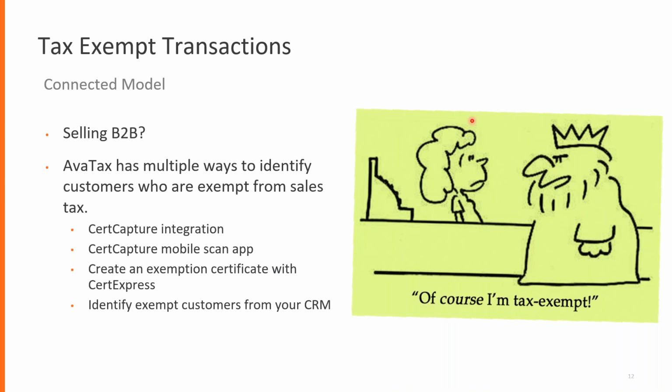But quite honestly, the biggest area where an auditor can find uncollected funds is finding transactions that have been exempted but do not have the supporting exemption documentation. Accordingly, the higher the volume of exempt customers, the more time and effort they're going to put in there, and the better a cert capture automation solution will help you mitigate that risk. Sorry, go ahead, Wayne.